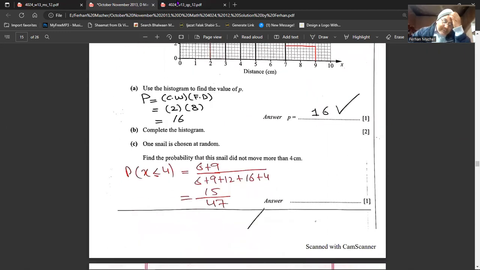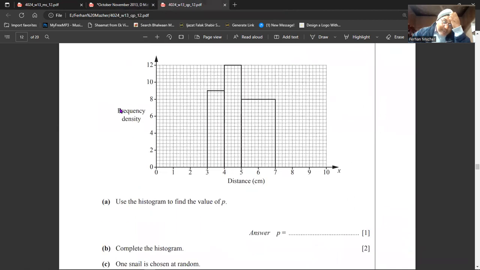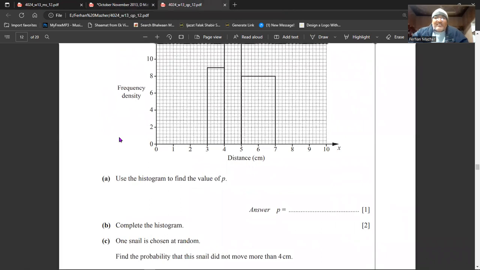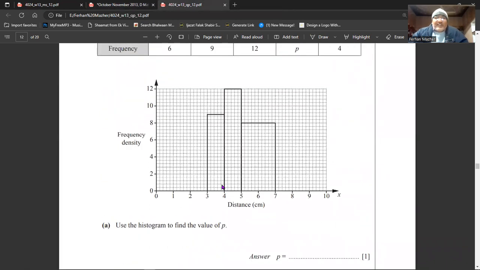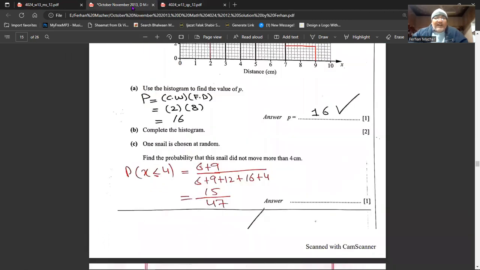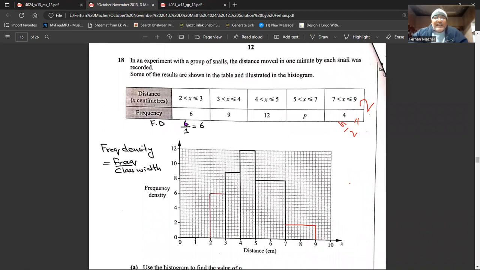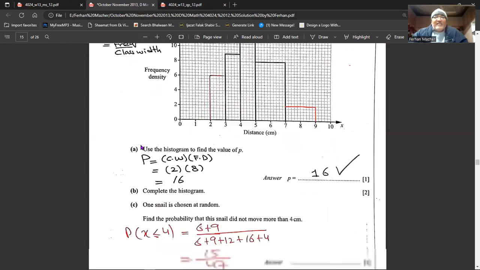The next part says one snail is chosen at random, and find the probability that this snail did not move more than 4 centimeters. So it has not moved more than 4 centimeters. The table is given: less than 4 are 6 and 9, so total less than 4, there are 15.